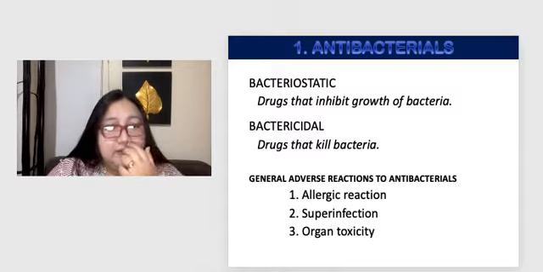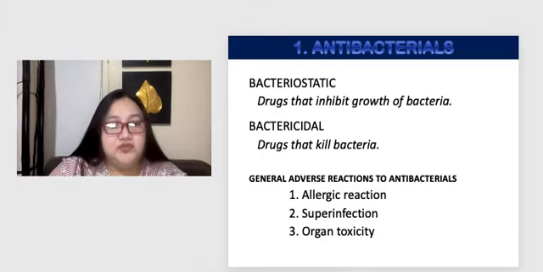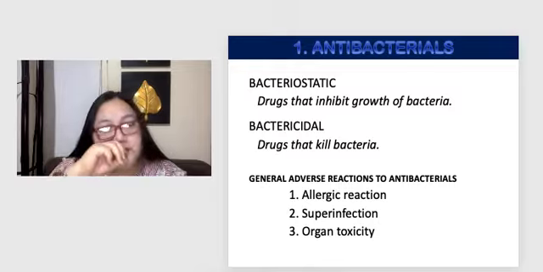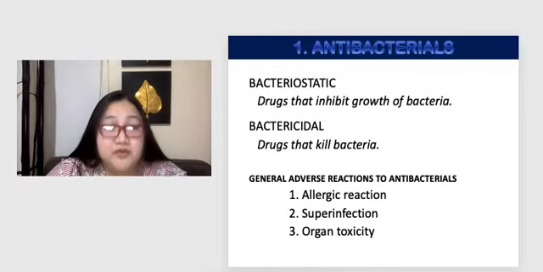The second general adverse reaction is superinfection. When we say superinfection, may infection ka na nga, nagkaroon pa ng superinfection. Superinfection is a secondary infection because the antibiotic has altered the normal bacterial flora.